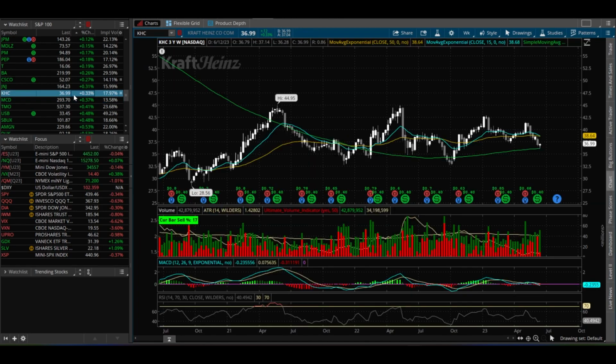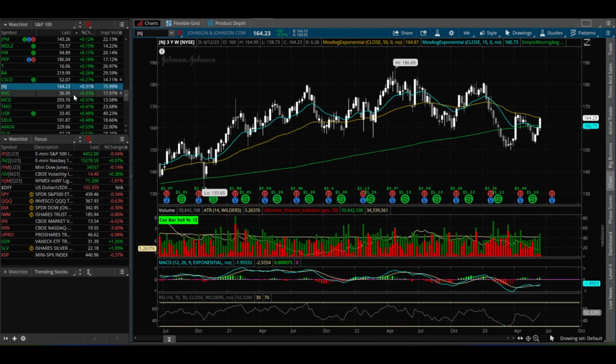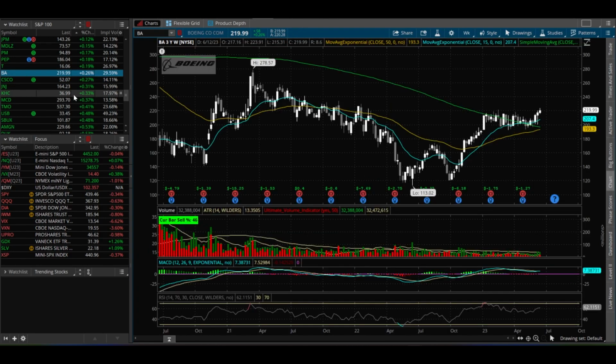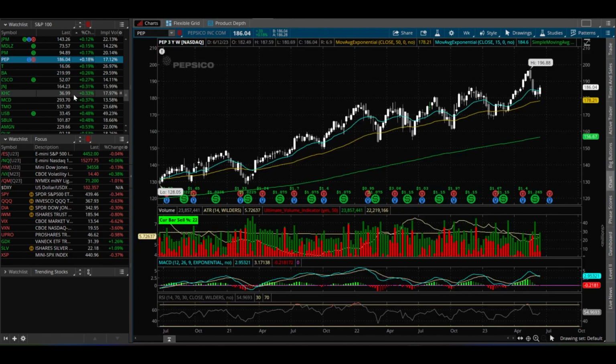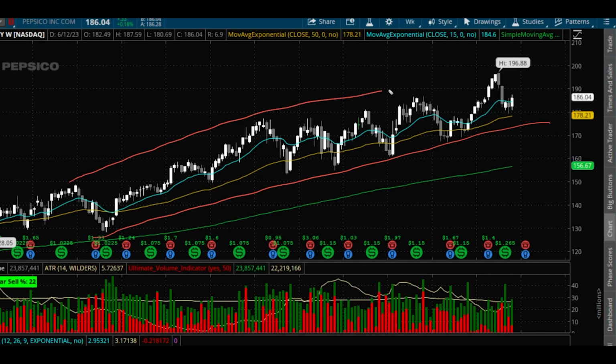And let's move on. So Kraft, Johnson & Johnson, Cisco, Boeing, nothing here. Here we go. Pepsi. Now this to me looks like a really good setup even to enter in at this level, because what we have here is a really defined strong trend. Again, we have higher lows and higher highs. And where are we sitting?